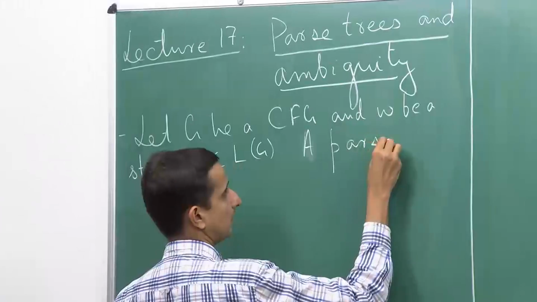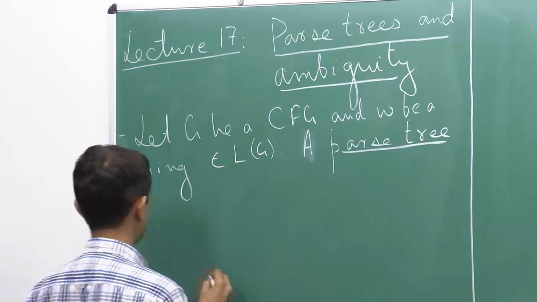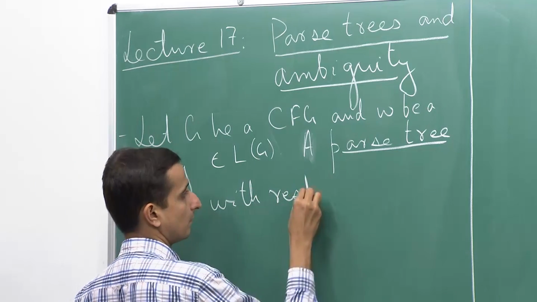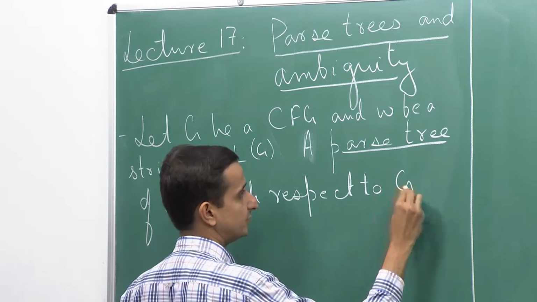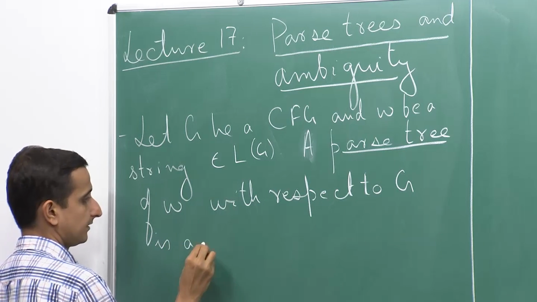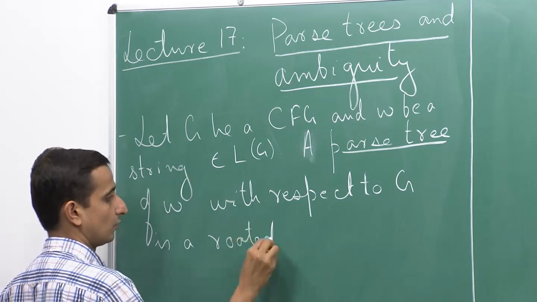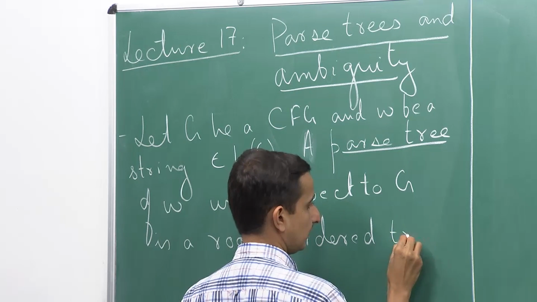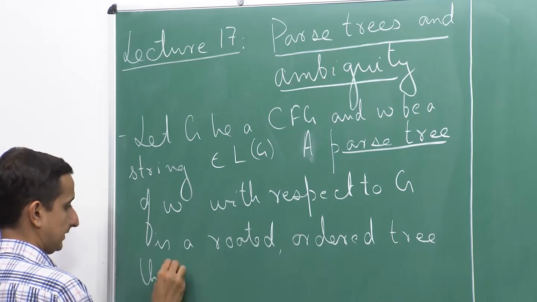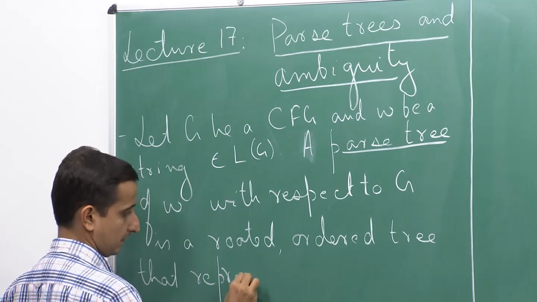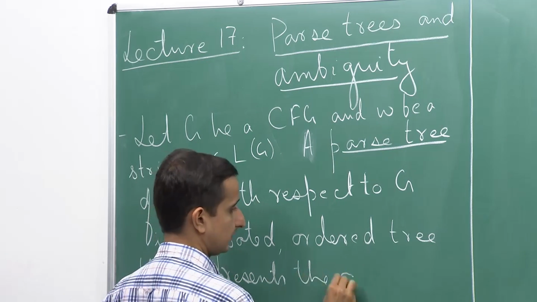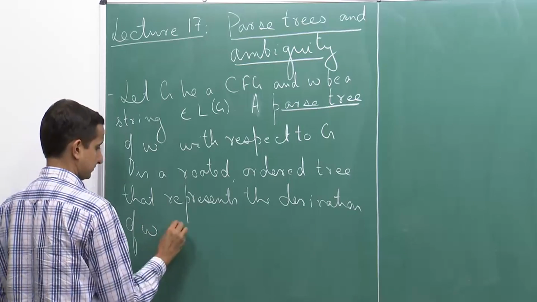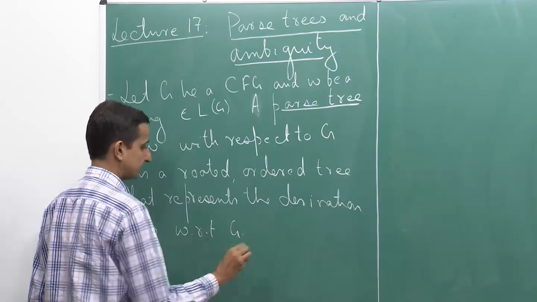A parse tree of W with respect to G is a rooted ordered tree that represents the derivation of W with respect to G.